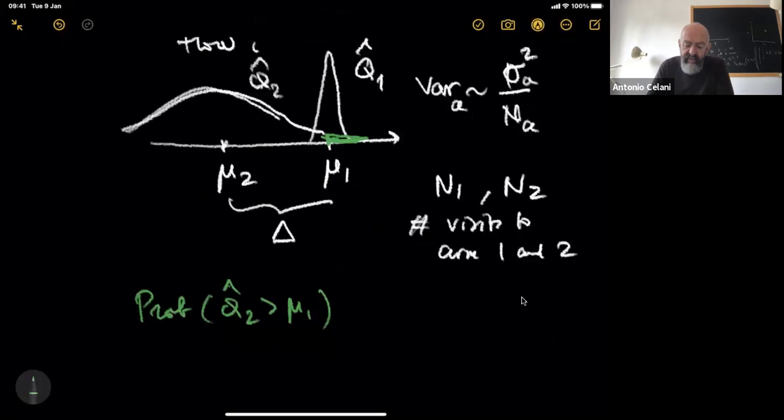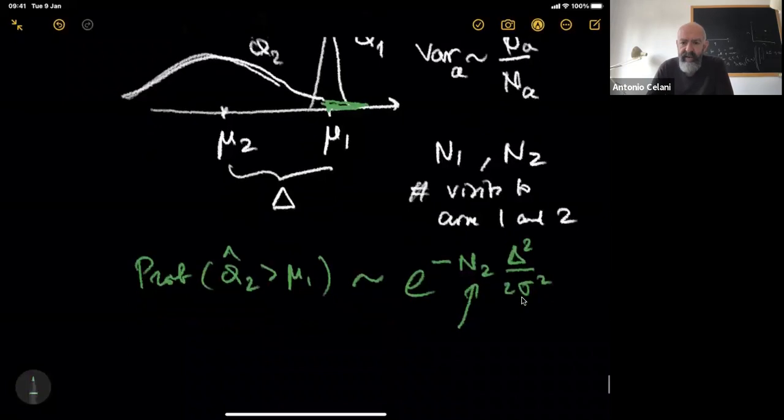Well, for Gaussian distributions, this goes like exponential of minus the number of times that I played arm 2 times the gap squared divided by 2 sigma squared. So it goes down exponentially with the number of times that you visit that arm.